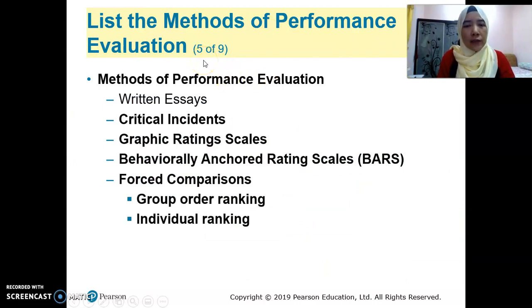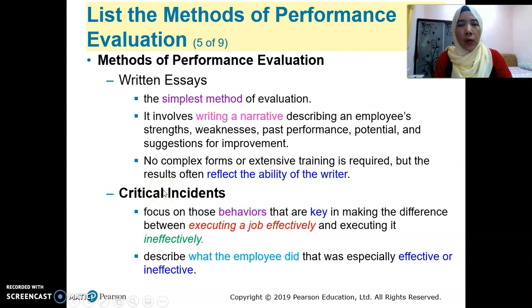So methods of performance evaluation can be in terms of written essay, critical incident, graphic rating scale, behaviorally anchored rating scales or BARS, and forced comparisons, which consist of ranking. So we're going to go one by one. Basically, a method of performance evaluation can be a written essay.